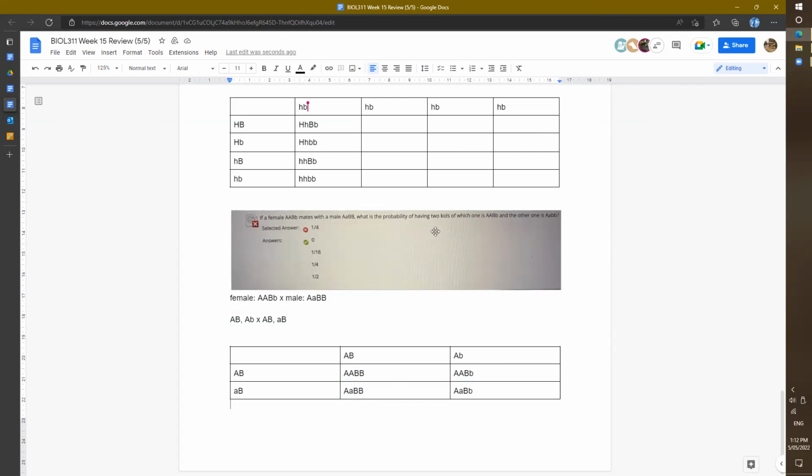So probability of having 2 kids in which one is AABB. So what's the probability that just one kid has this genotype? Based on the table, it's 1 out of 4. So we have 1 divided by 4 is the probability of having 1 AABB.